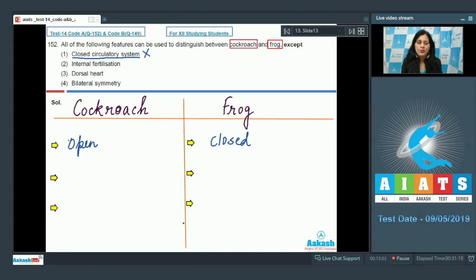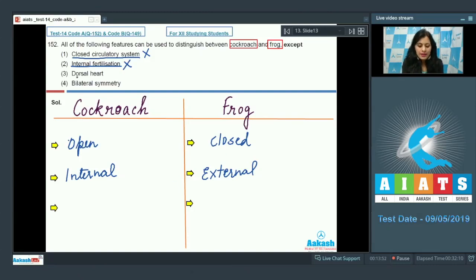So based on this, we can distinguish between cockroach and frog, so this cannot be a correct answer to our question. Next option given is internal fertilization, because internal fertilization occurs in cockroach while fusion of gametes of frog occurs in water, that is external fertilization occurs in frog. So based on this, we can differentiate between frog and cockroach, so this cannot be a correct answer to our question.